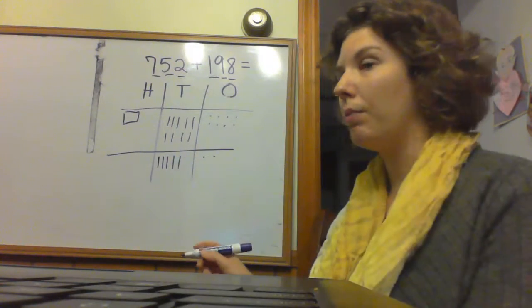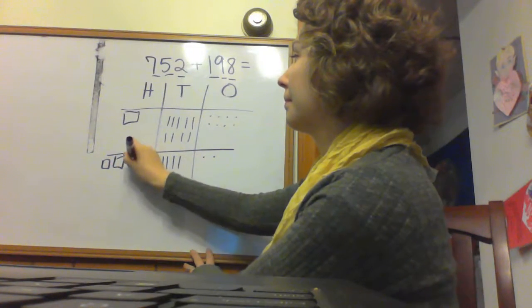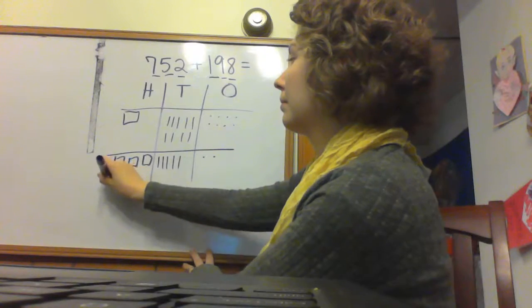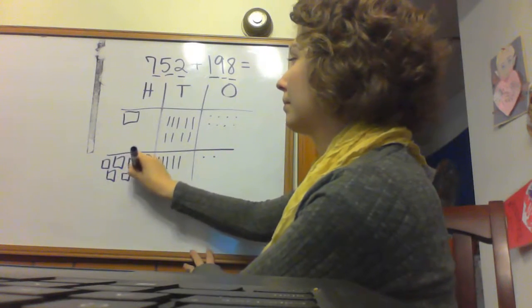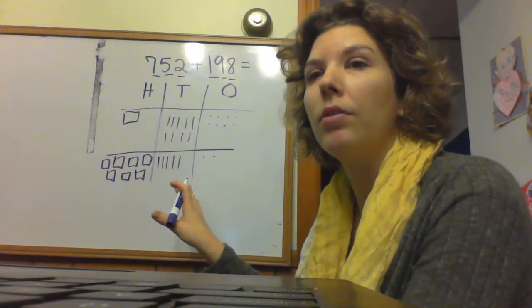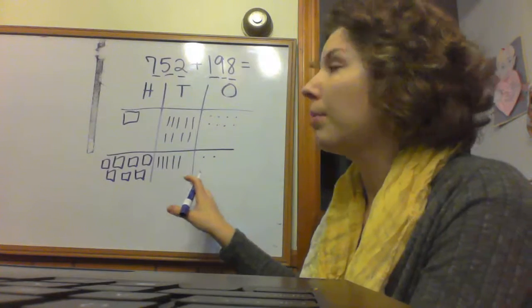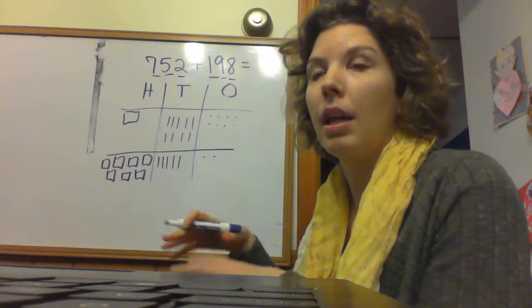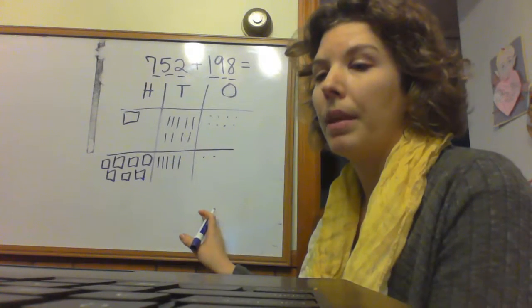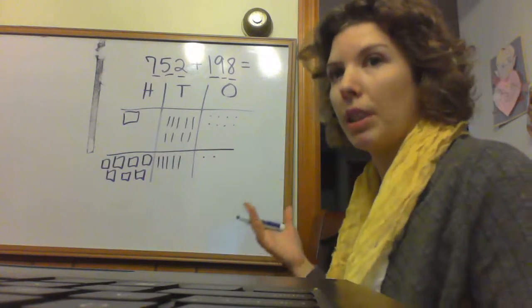So I'm going to put 7 hundred pads. Okay, so now I have everything laid out with the base 10 blocks on my drawing. So I'm just going to combine the numbers and keep them organized in the HTO chart, the hundreds, tens, ones chart.